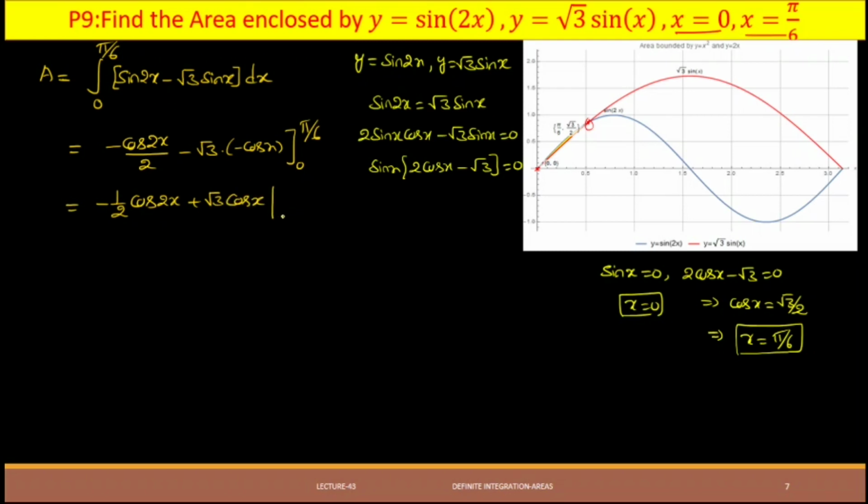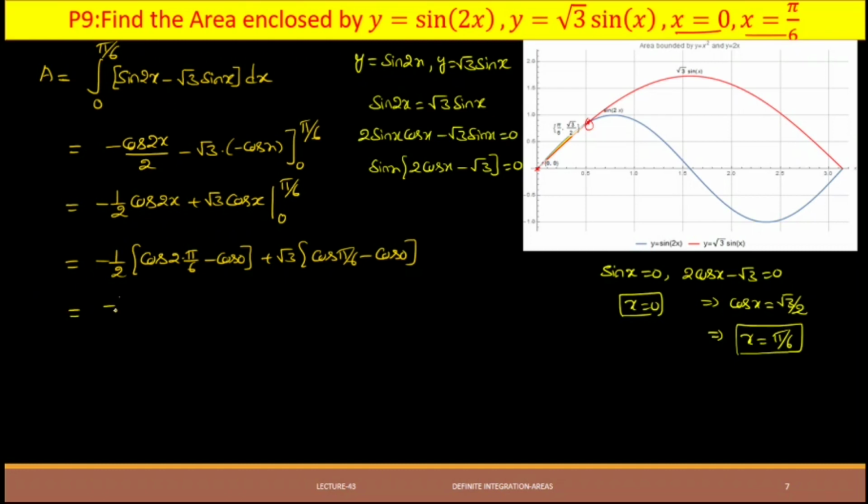The lower and upper limits are 0 comma pi by 6. Now substitute the upper and lower limits here. So it is cos 2 pi by 6 minus cos 0 plus root 3 into cos pi by 6 minus cos 0.